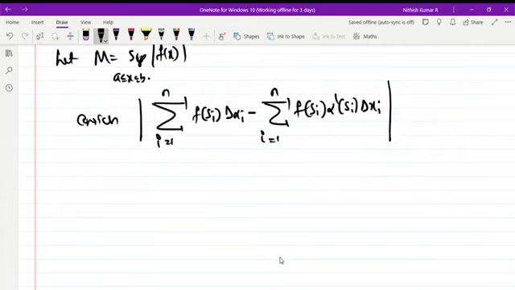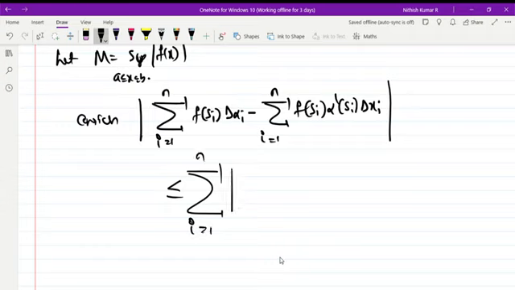Now, taking the common summation and taking the modulus inside, we get it is less than or equal to summation i is equal to 1 to n, modulus of f of si, which is common, taken outside, into delta xi.